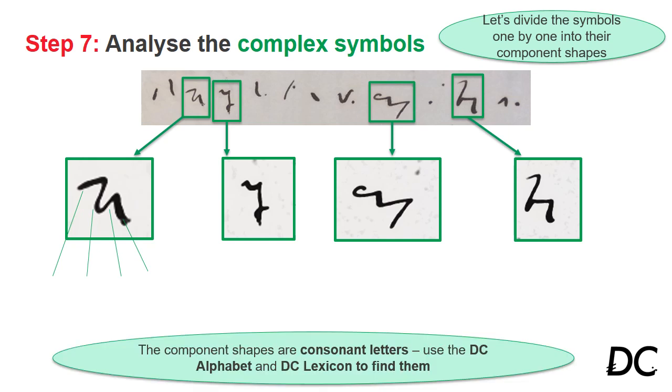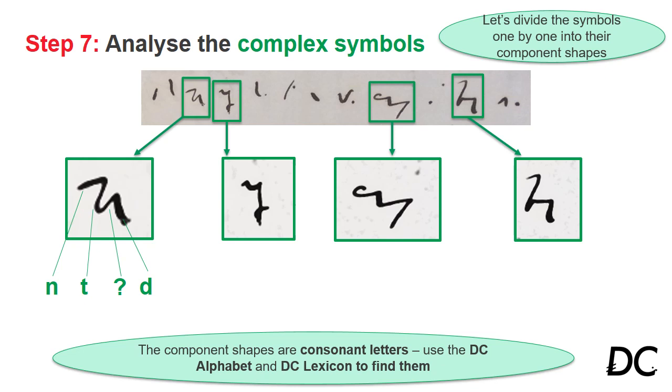These shapes are usually going to be consonant letters, so when you have identified the shapes, you look them up in the DC alphabet and write the letter or combinations of letters underneath the shape. So in the first box, we might have N, T, and D, with the third shape a question mark because it's rather hard to identify.